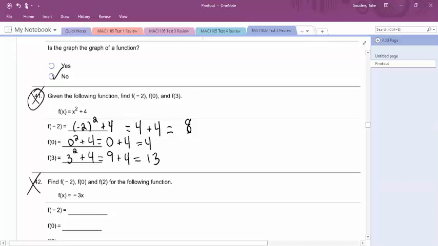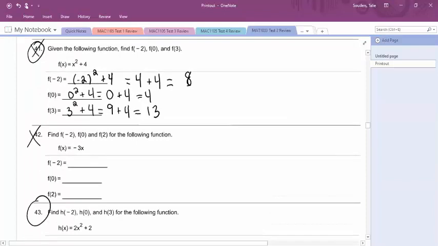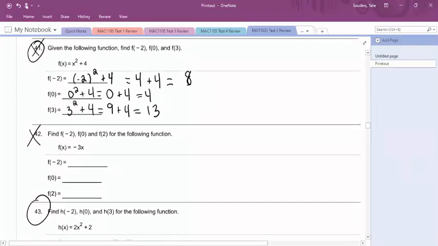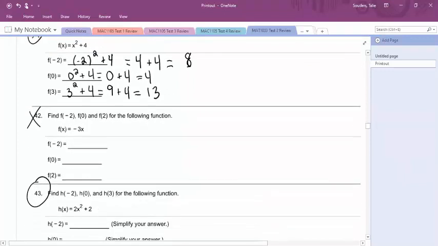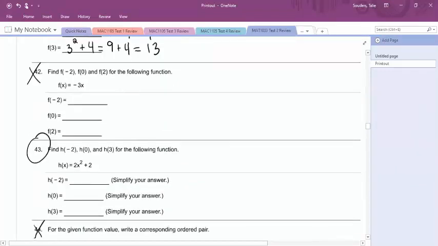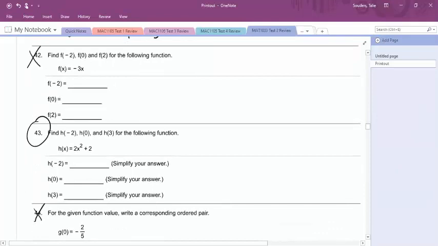So let's make it a little bit harder. Number 43. What makes number 43 a little bit harder than number 41? There's another coefficient in front of the x squared. Very good. Nice vocabulary. So that will be an extra step.